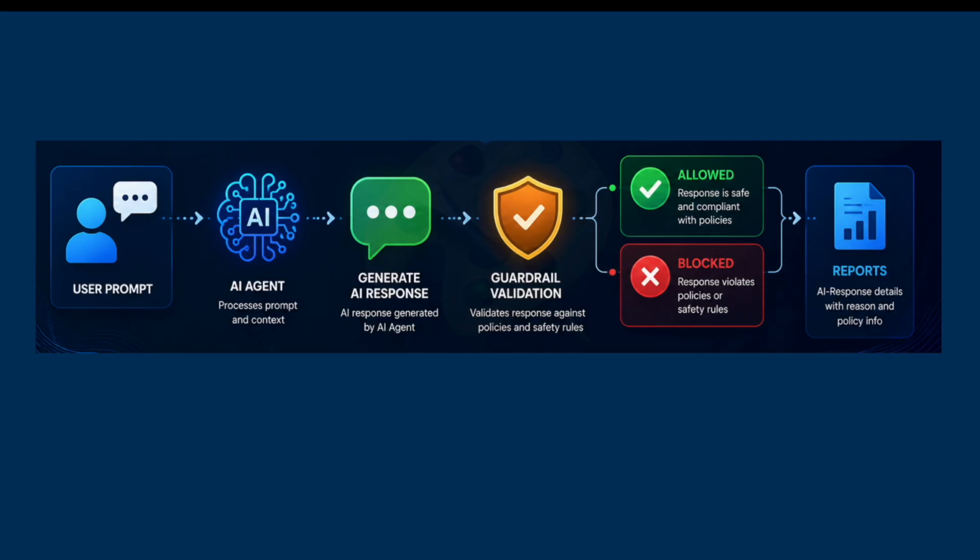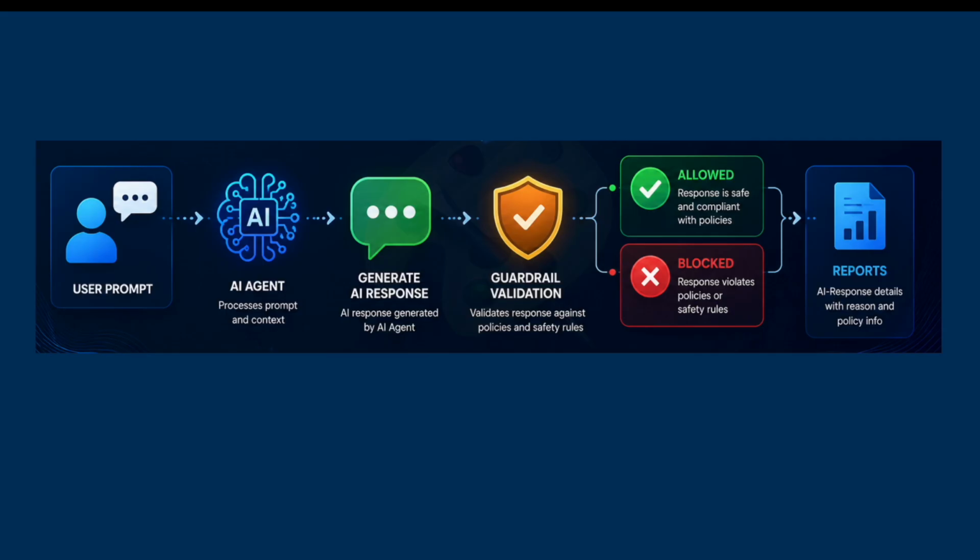We need to place the guardrail validations just after the response which we receive from our AI agent. We gather that response and test it against the guardrail validations, and based on that we identify the allowed and the blocked responses, because it will fail the responses which are violating the policies, and it will pass the scenarios which are compliant with the policies, and we put it into the HTML report file.